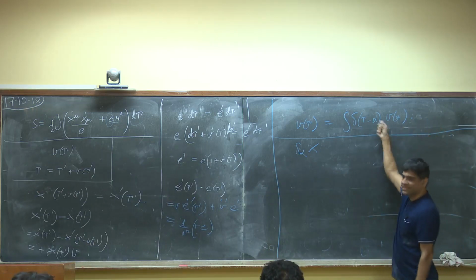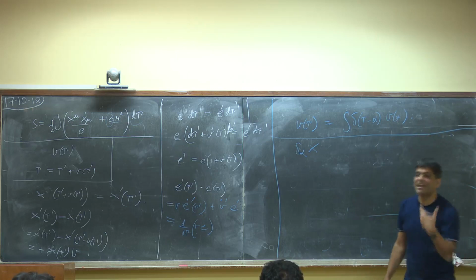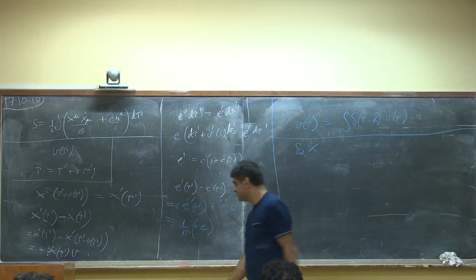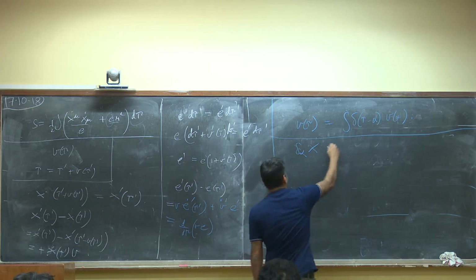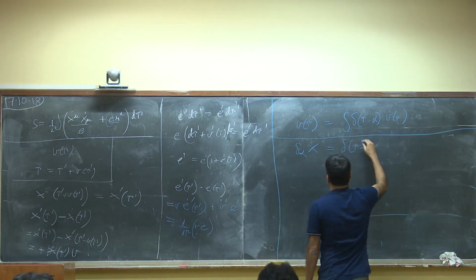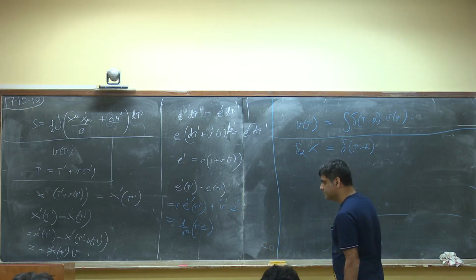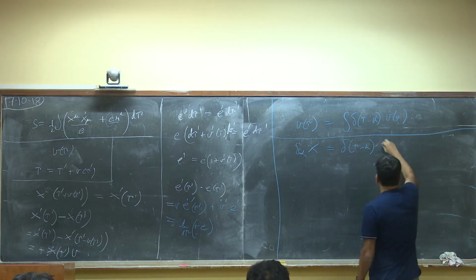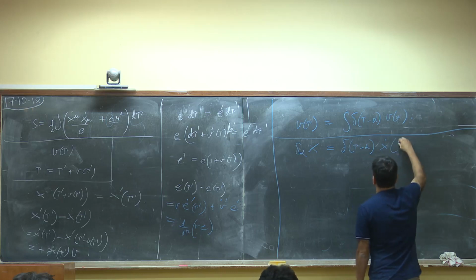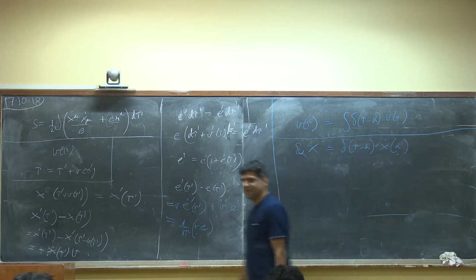So it's this function delta of tau minus alpha. Okay, so delta alpha of X is equal to delta of tau minus alpha times X dot at alpha, X dot at tau, it doesn't matter.